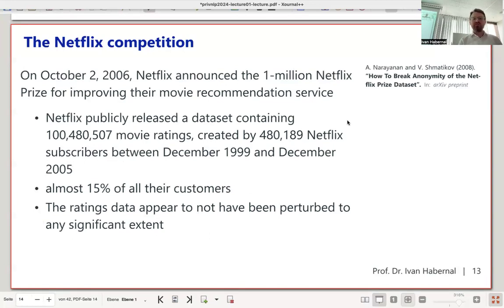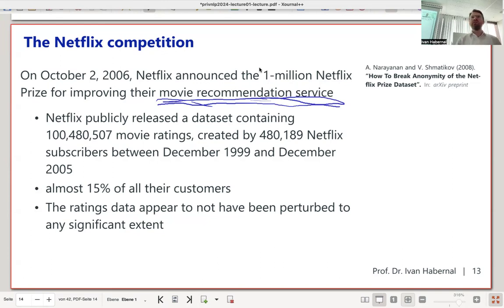They wanted to make better recommendations for which movie you should watch next. And they wanted to improve this by making a public prize, and whoever makes the best system will win $1 million. It's something like Kaggle.